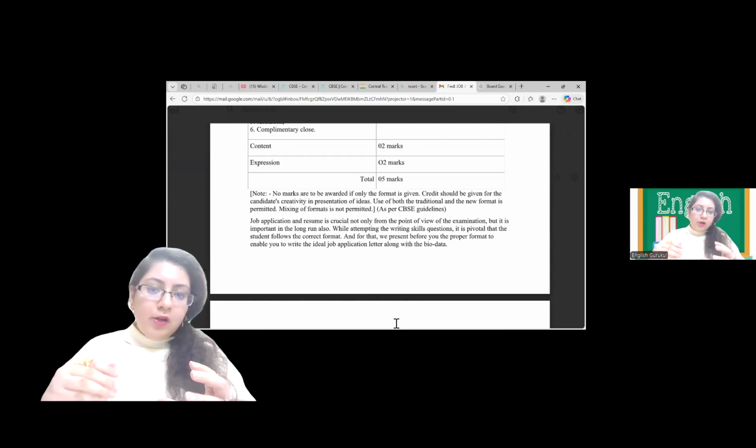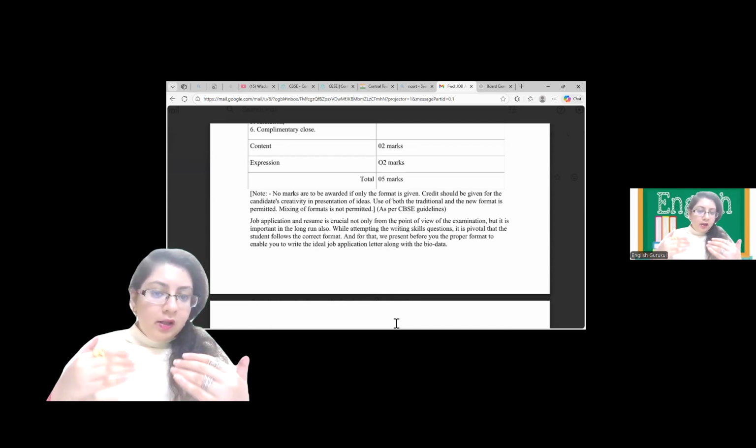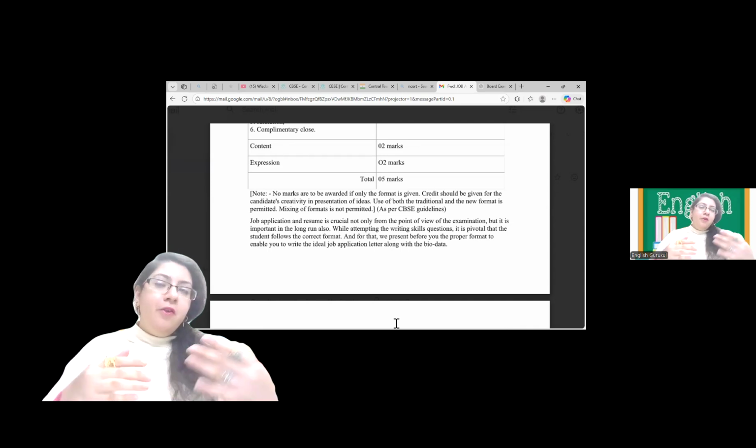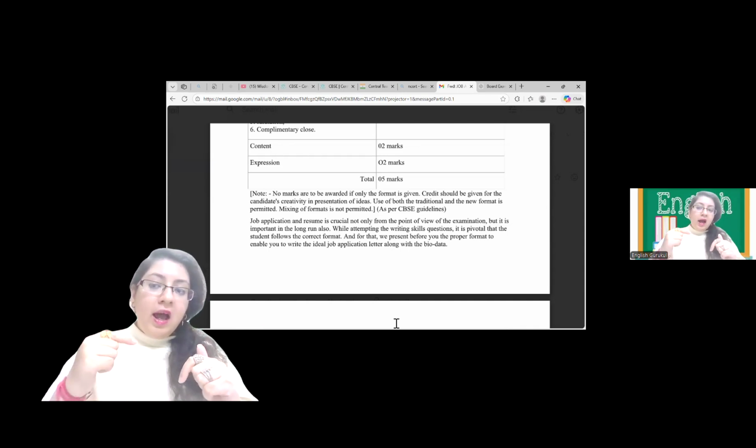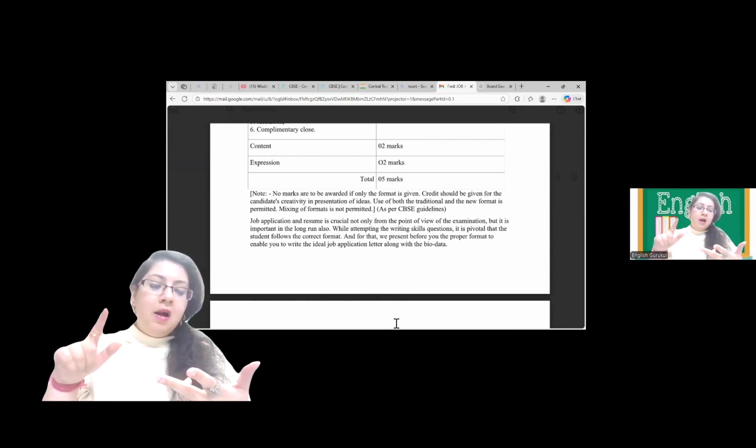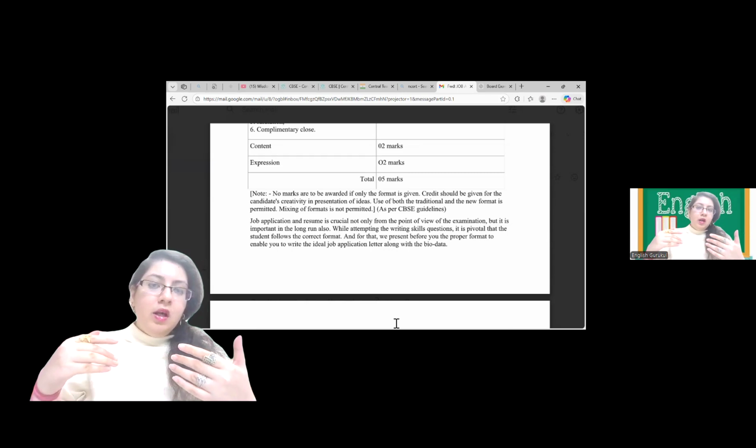Job application and resume are crucial not only from the point of view of the examination, but also in the long run. They are important for your current CBSE board exams, but they will also enhance your writing skills, creativity and coherence for the future as well.